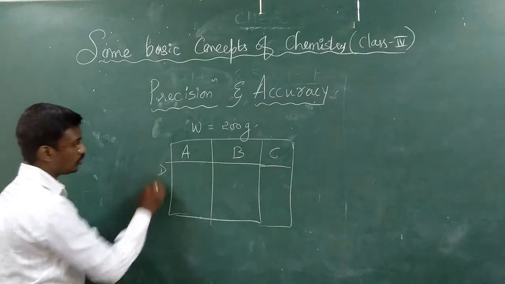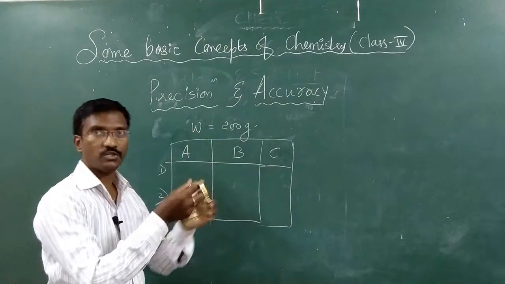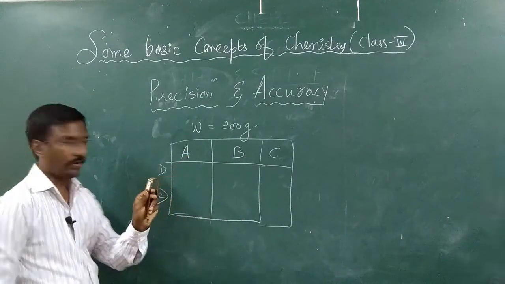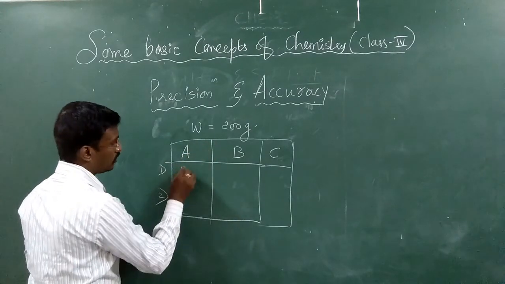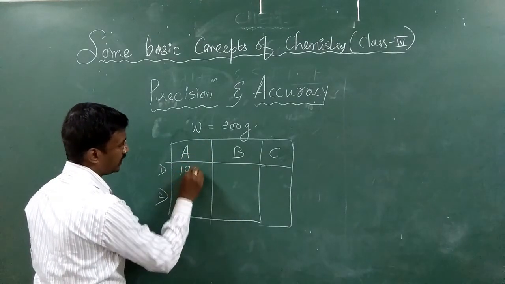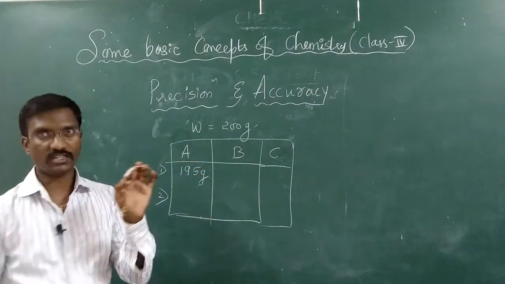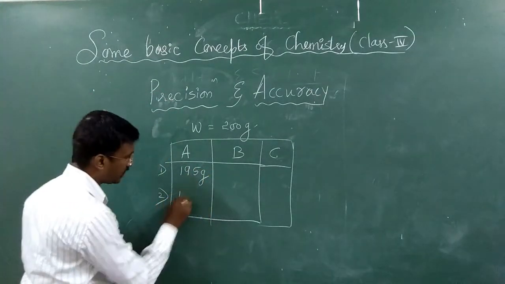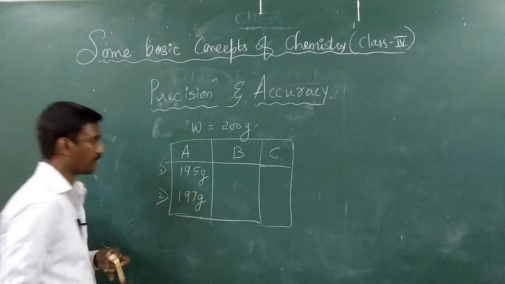They are going to weigh this watch. First the person A will weigh, and he will say that the weight of the watch is around 195 gram. The first time he weighs and says 195 gram, and the second time when he weighs he says 197 gram. Can you see?